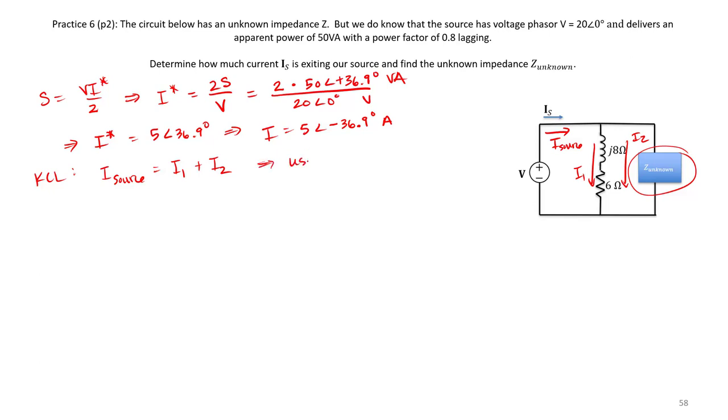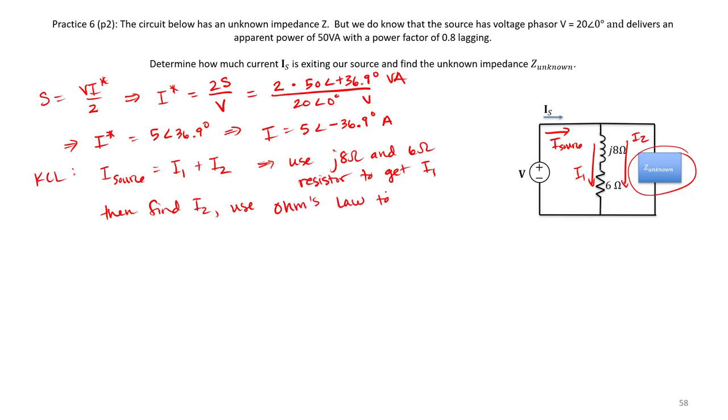So let's use the j8 ohm and 6 ohm resistors to get I1. Then we can find I2. And once we know I2, we can use Ohm's law with the voltage and I2 to get Z unknown.